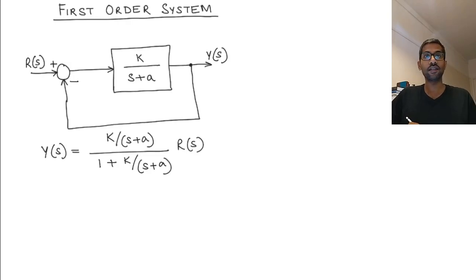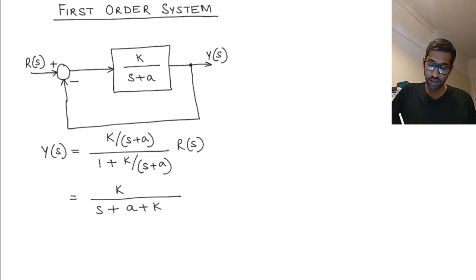I'll just state that I can do that, and if you do not agree with me, you can do the block diagram reduction and make sure that I am correct. Therefore, my Y(s) can be written as K divided by (s plus a plus K) times R(s).